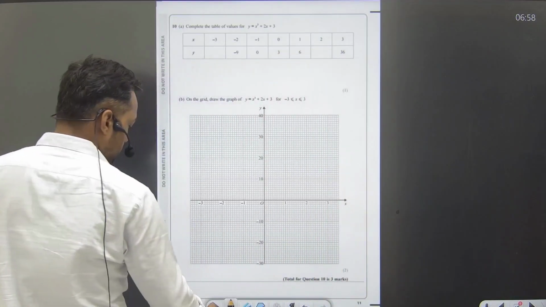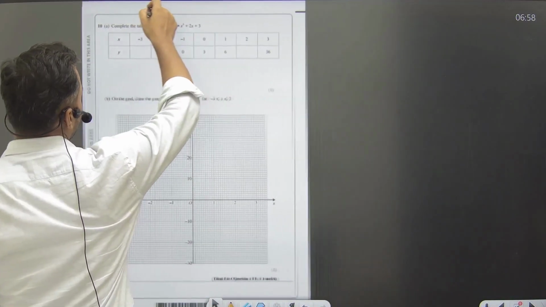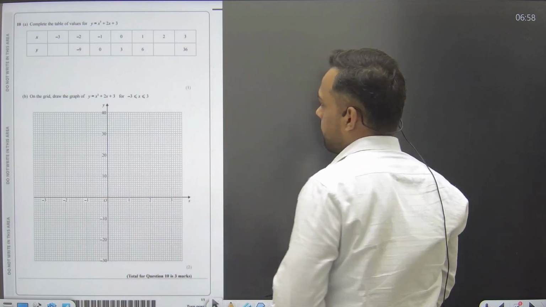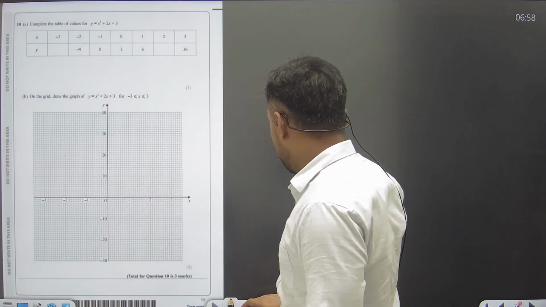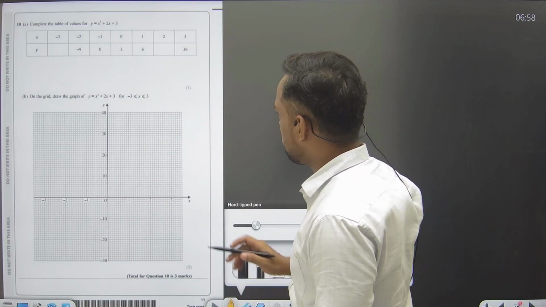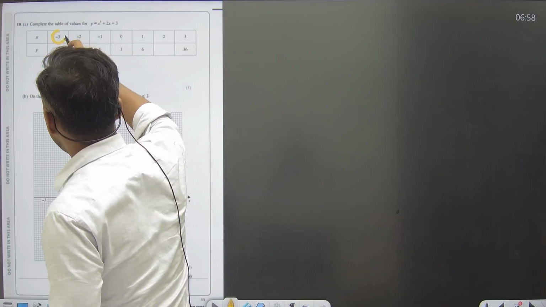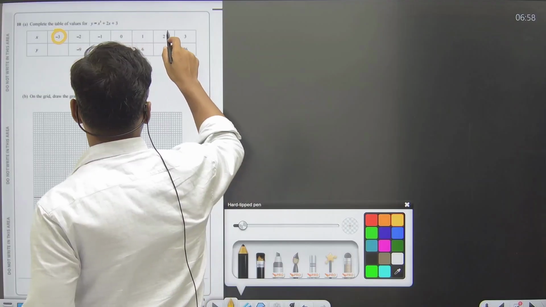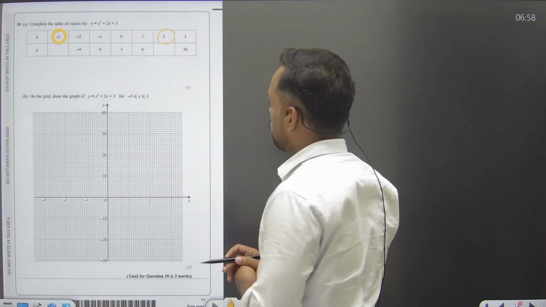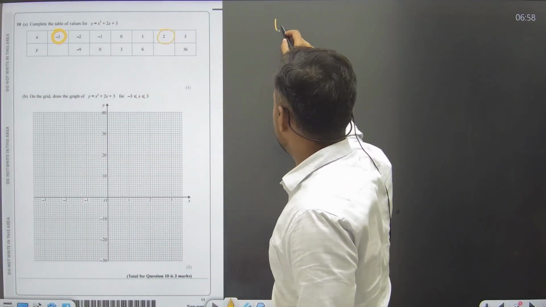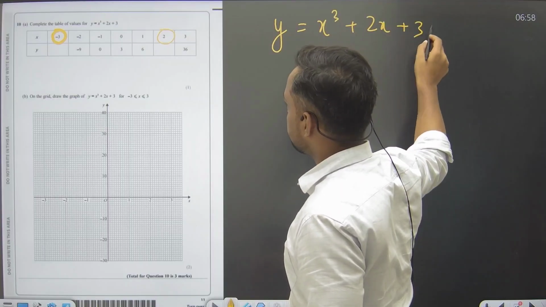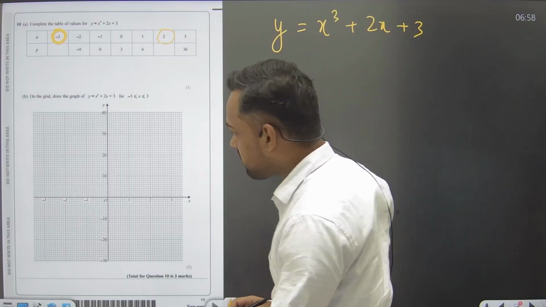Question number 10 states: complete the table of values for y equals x cube plus 2x plus 3. So what we need to do here is just plug in the values. What does it mean? You need to substitute the value of x equals minus 3, and similarly x equals 2, in the equation y equals x cube plus 2x plus 3.